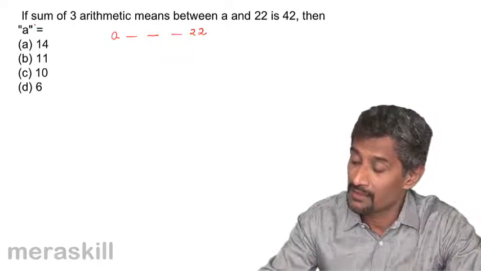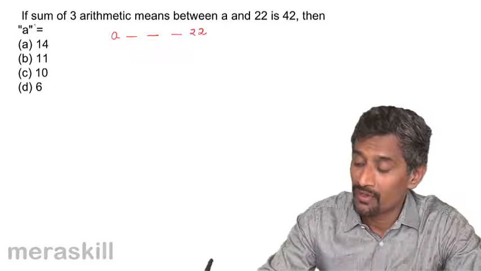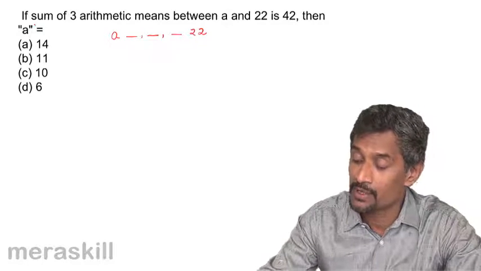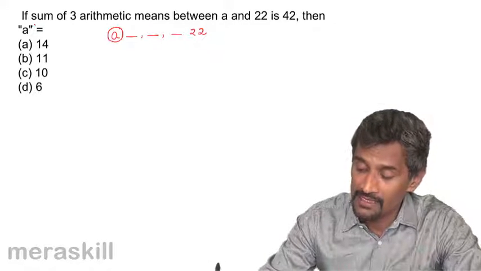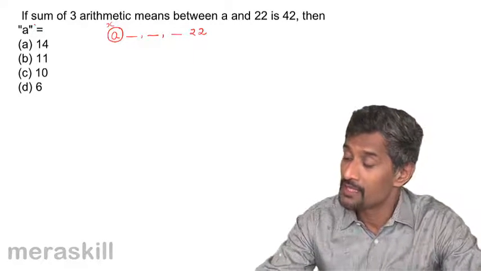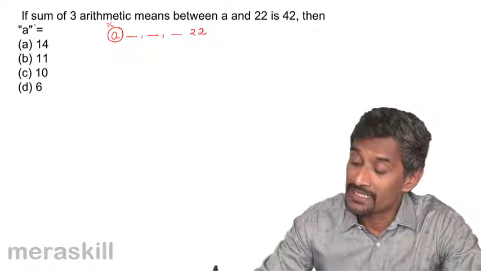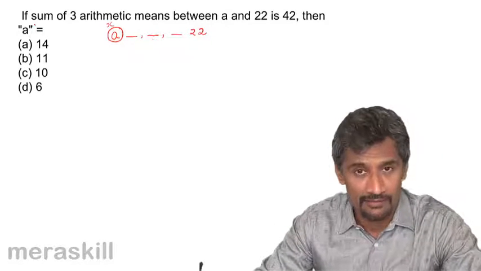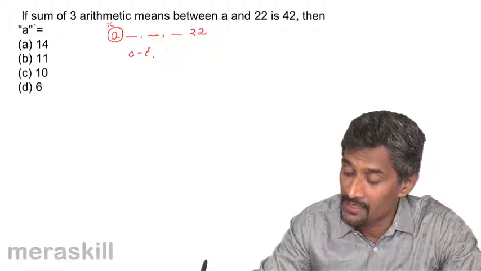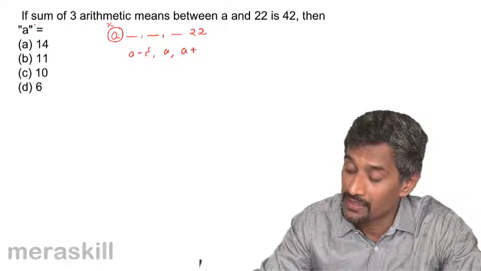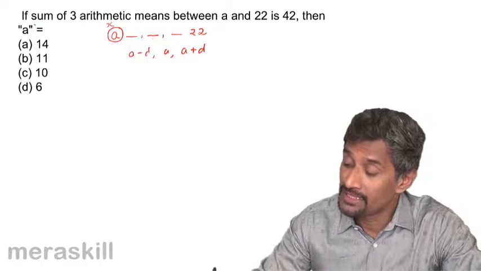We can take these three numbers as being in arithmetic progression, so we can take them as a minus d, a, a plus d.